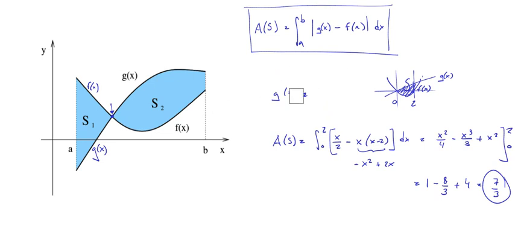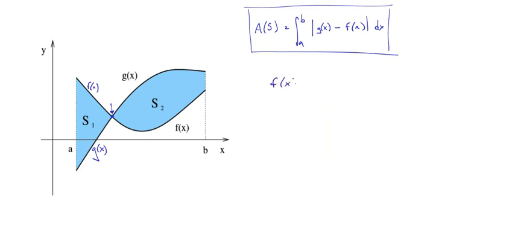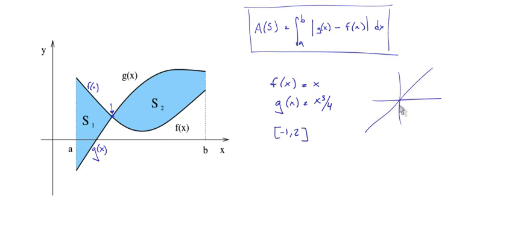Let's do another example where there is an actual intersection. For instance, we have the function f equal to x and g equal to x cubed over 4 in the interval minus 1 to 2. In this interval, x is doing this, that is f, and g is doing something like this.